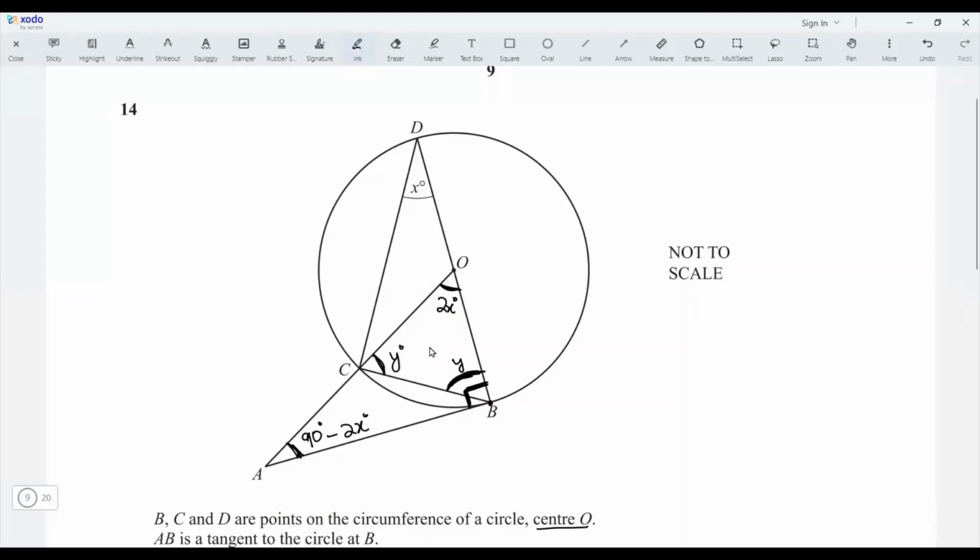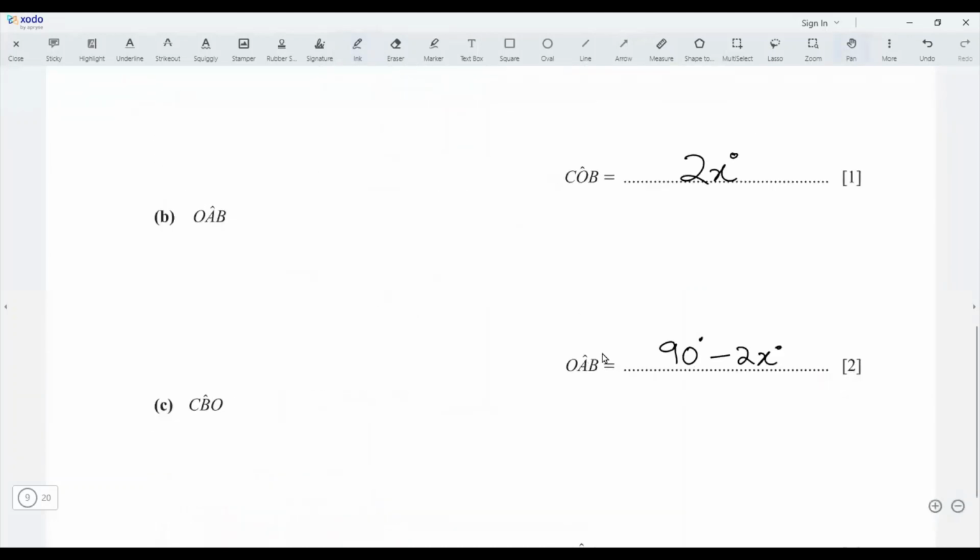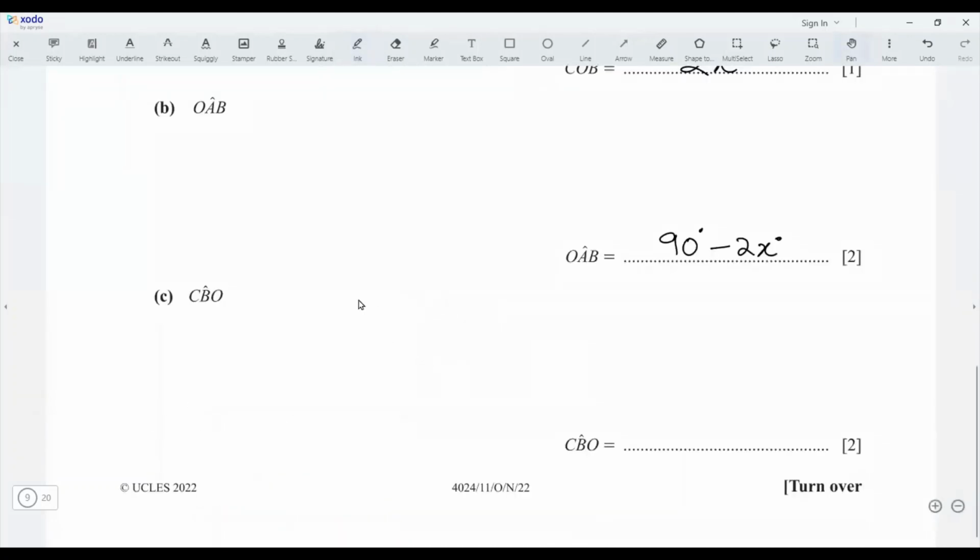In an isosceles triangle, the angles made at the base must be the same because both of these sides are equal, both are radii. So y plus y plus 2x equals 180.